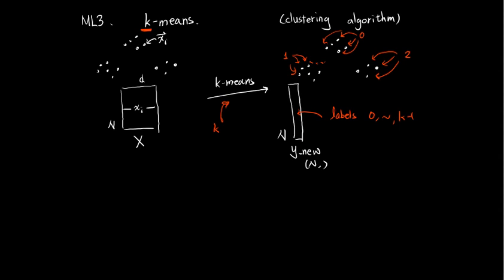So for example, if you supply k equal to 3, then it will become 3 groups. But if you supply k equal to 4, maybe it will partition this part into 2 groups, and then 0, 1, 2, and 3. So this y_new contains all the labels, and the labels are between 0 and k minus 1. It tells which group you belong to.